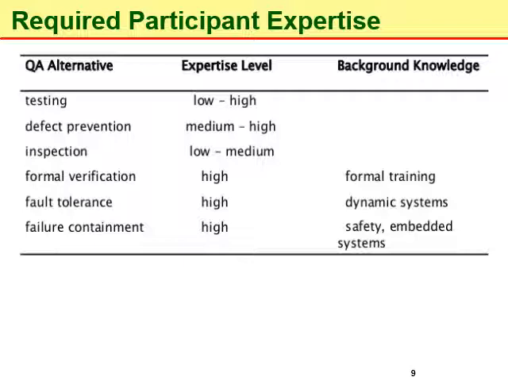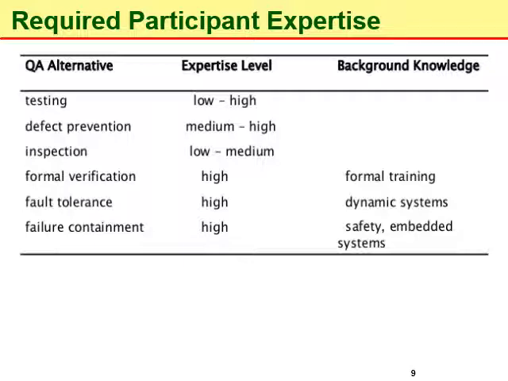As we can see in this figure, different quality assurance alternatives may require different levels of expertise and background knowledge. For example, checklist-based testing requires a low to medium level of expertise and may not require any background knowledge.